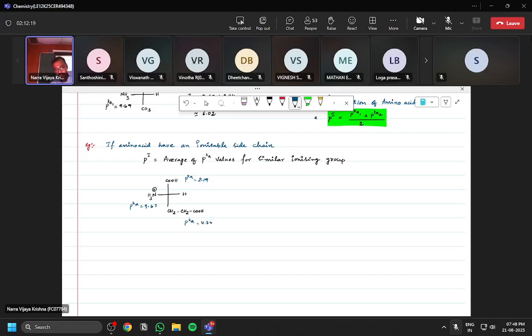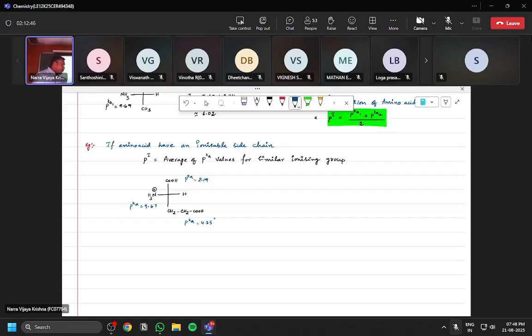Now, what is the isoelectric point? Three pKa values are there. If there are only two pKa values, no problem. If there are three pKa values, whichever are closer pKa values, take the average of them. Read this statement: similar ionizing group. Which are similar groups here? COOH, COOH. So take the average.